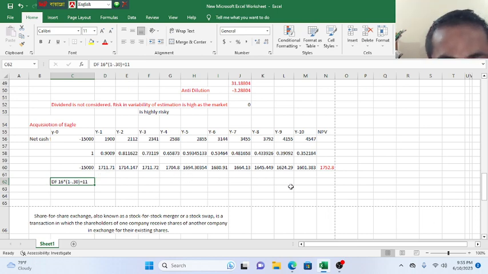This should be the valuation of acquisition of Eagle using external borrowing.